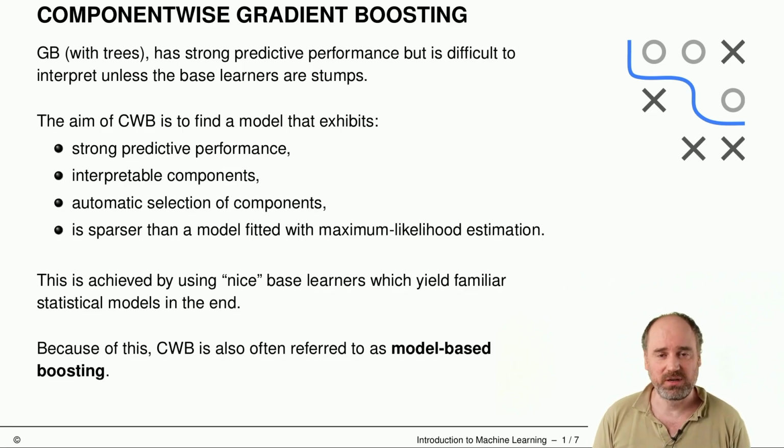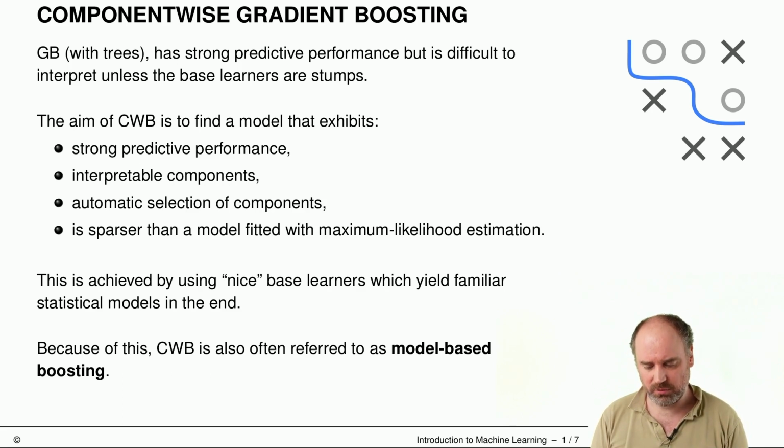We'll also see that at the end, because of this approach, we basically get an automatic selection of components and features. So you can have component-wise boosting set up in a way that you really do direct feature selection, or maybe you have a pool of base learners where you're not sure which of them make the most sense, and then component-wise boosting will also select from these.